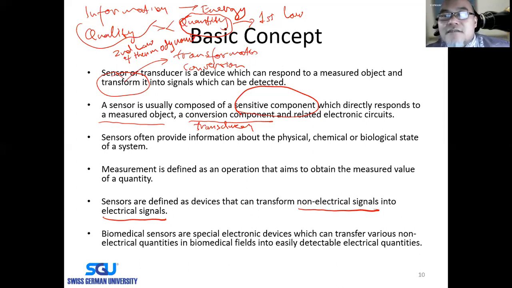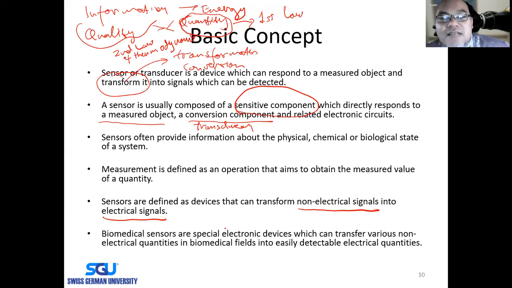But since in this modern world we mostly process information in the electrical domain, that is why the definition becomes non-electrical signal into electrical signal. We don't know the future. In the future, as I mentioned earlier, it could be in the light form, what we call photonics. Then maybe non-photonic signal into photonic signal.